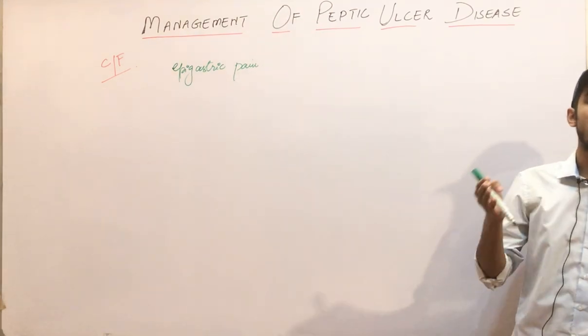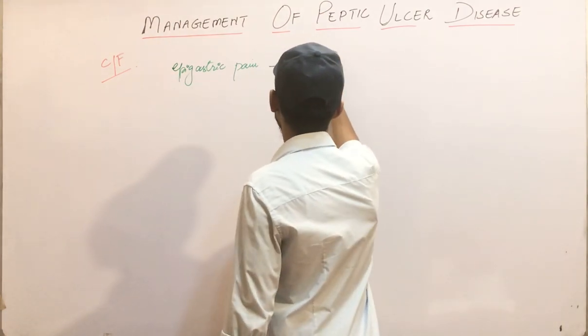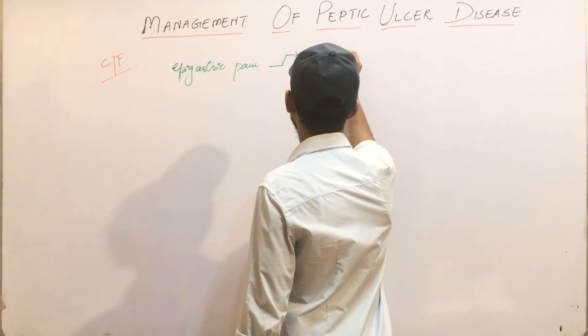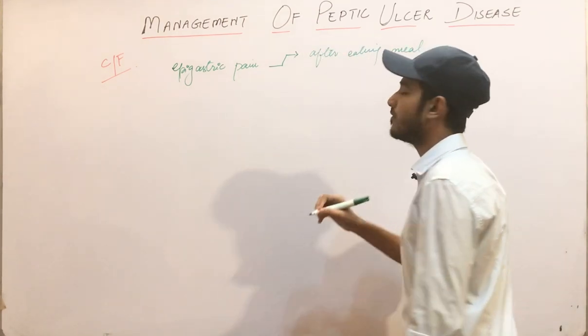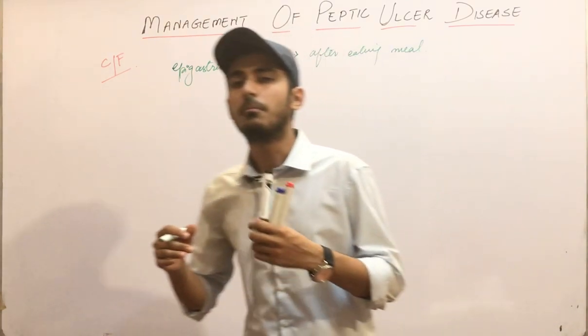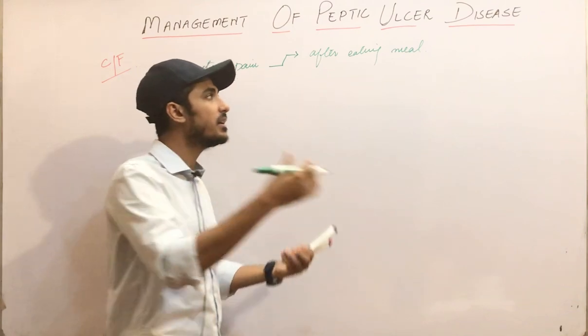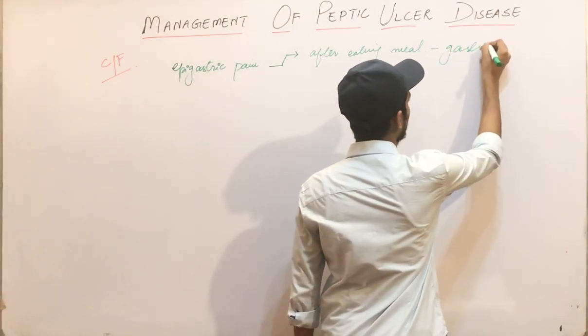relieved or aggravated after eating a meal. If the patient says that after taking the meal my pain is aggravated, immediately after taking the meal, it means that it is the gastric ulcer.